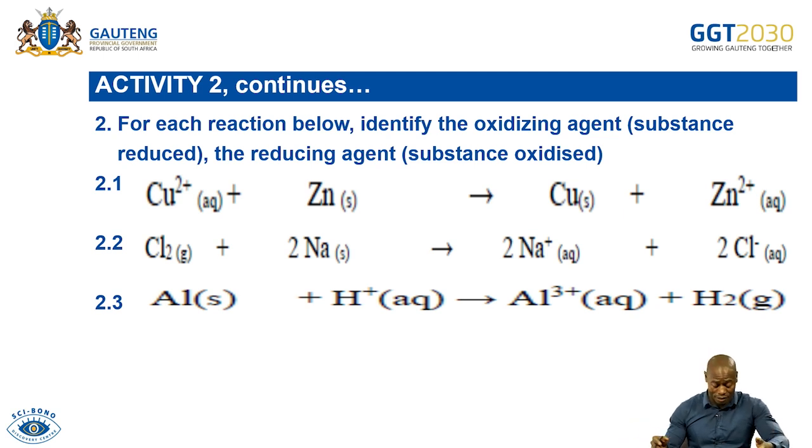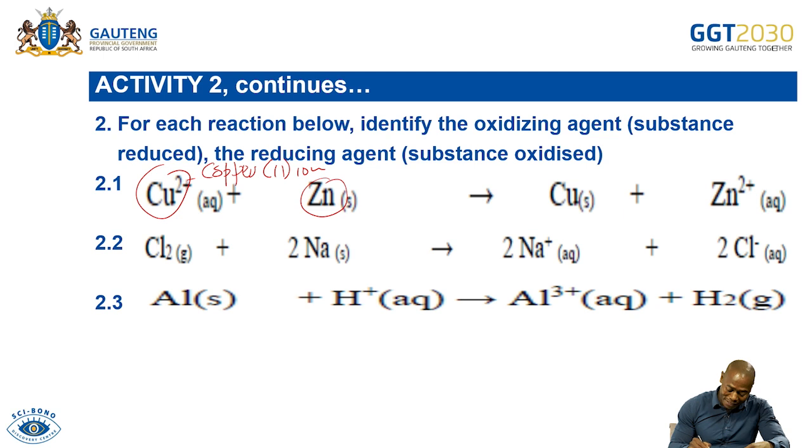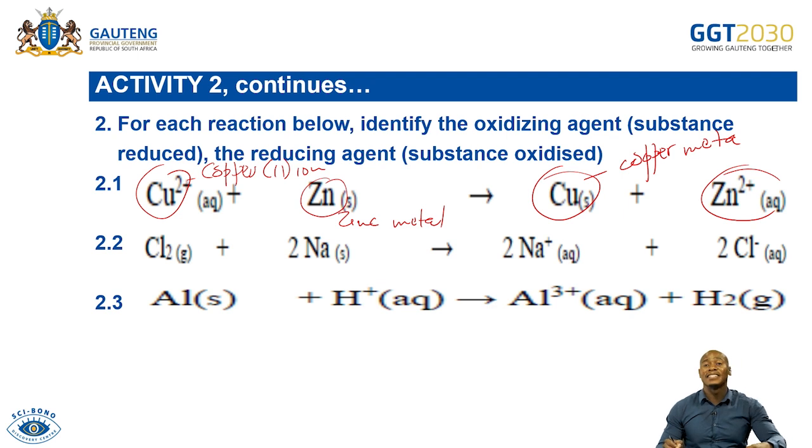So this one is the copper(II) ion. This is zinc metal, or just zinc. This is copper metal. This is the zinc ion. We can't say zinc 2, because we don't have any other zinc ion except this one.